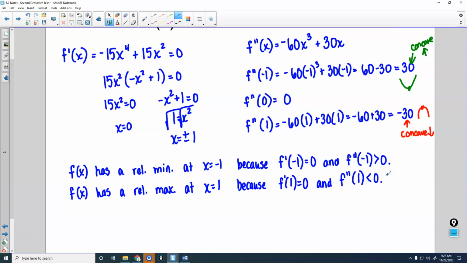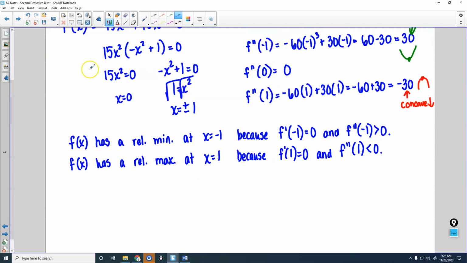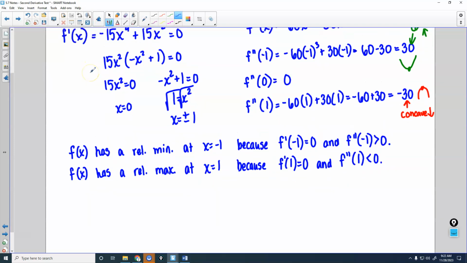Or you could say is negative if you don't like the signs. But this does not tell us anything about 0. So what we have to do for this is go back to the first derivative and do the first derivative test anyway. Which again, is why I don't like doing the second derivative test unless I have to.